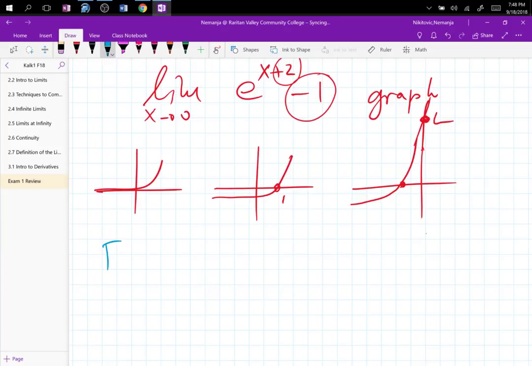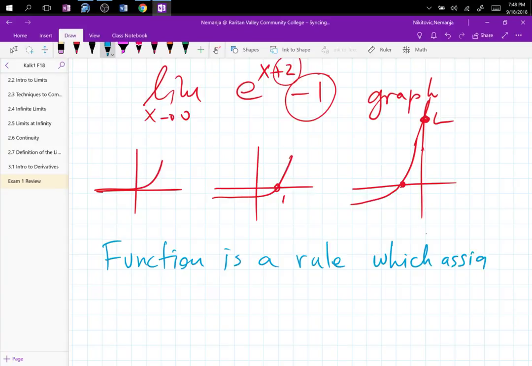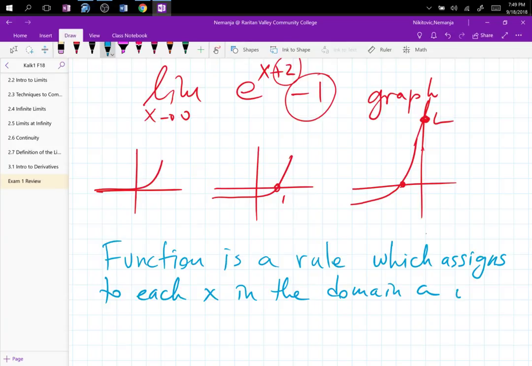Definition of a function. A function is a rule which assigns to each x in the domain a unique y in the range.